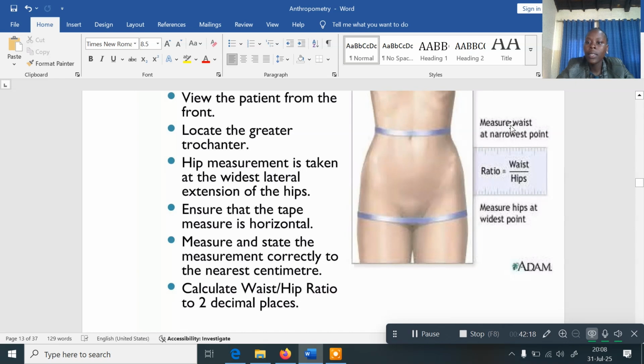So a hint here: we measure waist circumference at the narrowest point, between the ribs and the iliac crest. Then for the hips, we measure at the widest point of the hips.